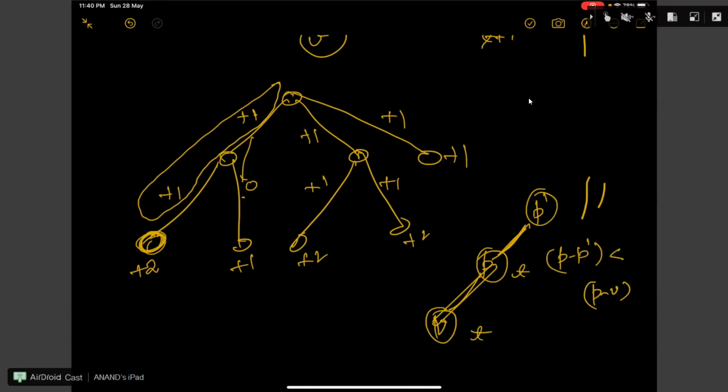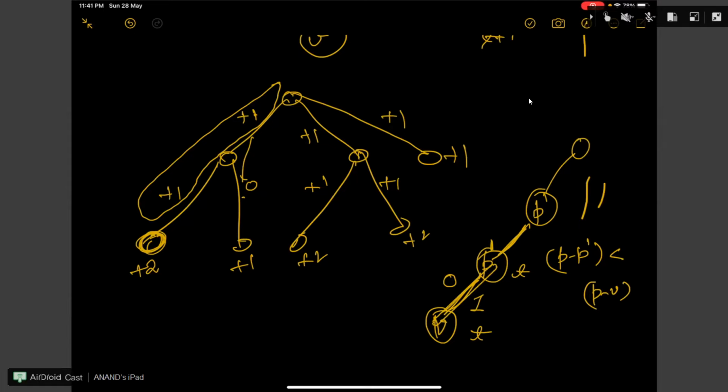So if this is the case, we give this edge a weight of 0. Otherwise, we give this edge a weight of 1. And what will be the weight of P dash P? The weight of P dash P will again depend on the parent of this P dash.